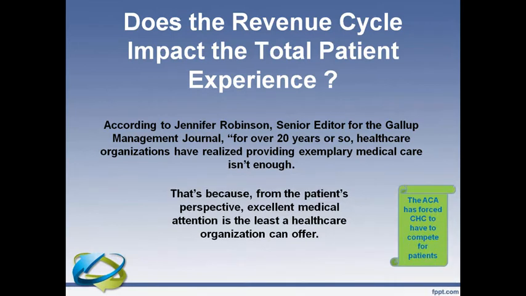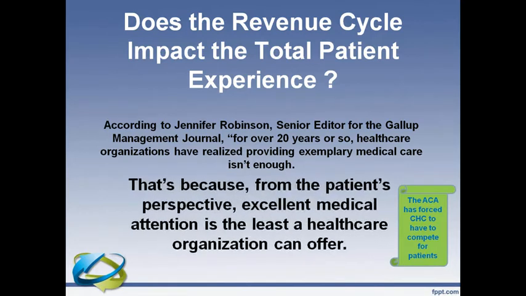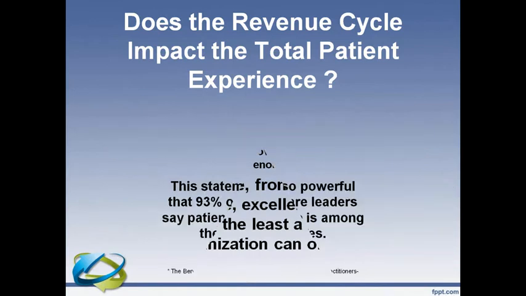Basically, under the ACA, you're going to be forced to compete for these patients. From the patient's perspective, excellent medical attention is the least that the organization can offer them. That's what they're already expecting. It's an expectation the patient has, so it's everything else around it that becomes important.